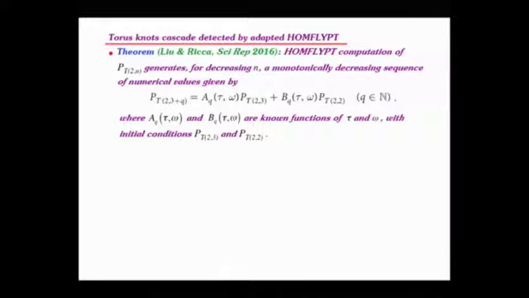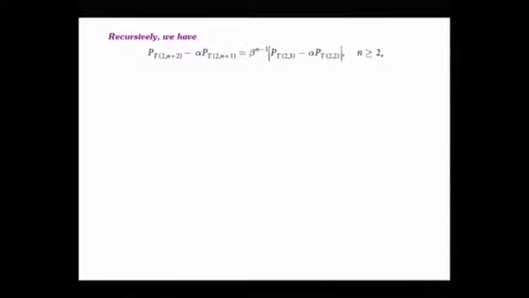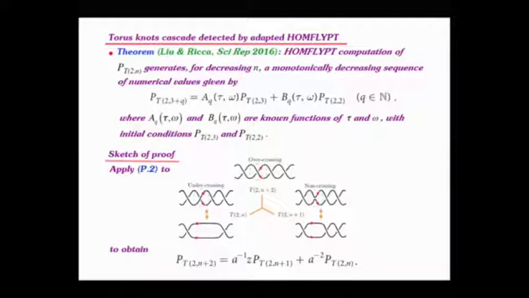So what do we do? We have this result. The adapted HOMFLYPT computation of this family generates, for decreasing n, a monotonically decreasing sequence of numerical values given by a formula that is a bit awkward to read, where these quantities are totally determined, known functions of twist and writhe, with initial conditions prescribed by these two configurations.